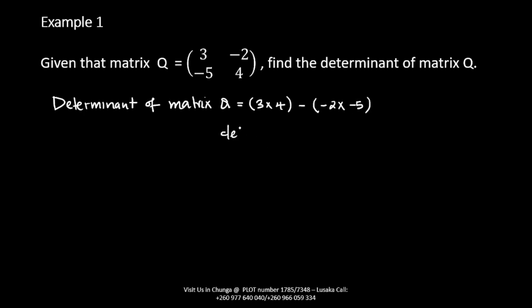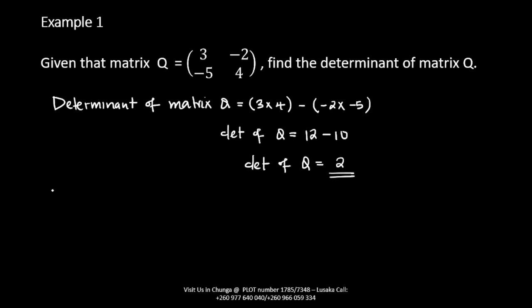So the determinant of Q will be equal to 12 minus 10. Because if you multiply 3 by 4, it will give us 12. Then you multiply -2 multiplied by -5, it's going to give us 10. So the difference between 12 and 10 is the determinant of matrix Q, which is equal to 2.